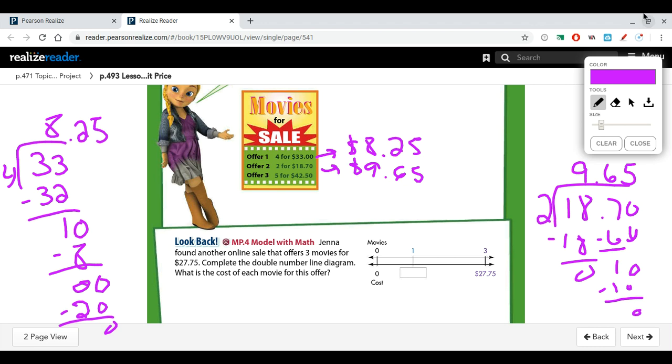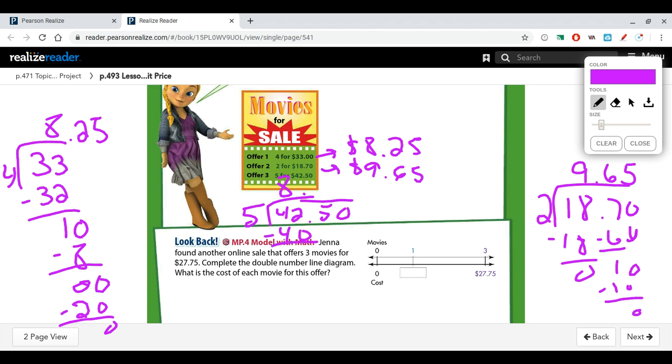The last one that we're going to do is the 5 for $42.50. And so if I divide out 5 into $42.50, go ahead and get my decimals placed. Because I don't have a decimal in my divisor, I can just bring the decimal straight up and not worry about it. 5 goes into 42 8 times. So 5 times 8 is 40.